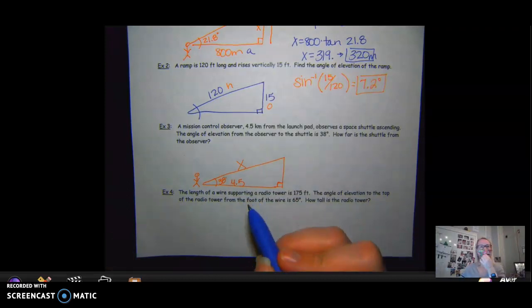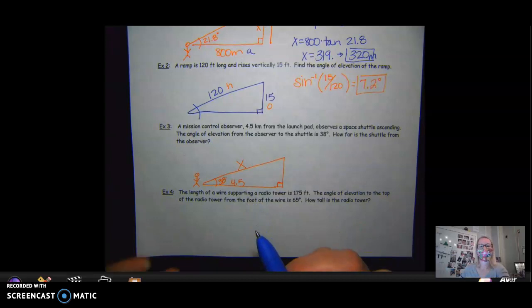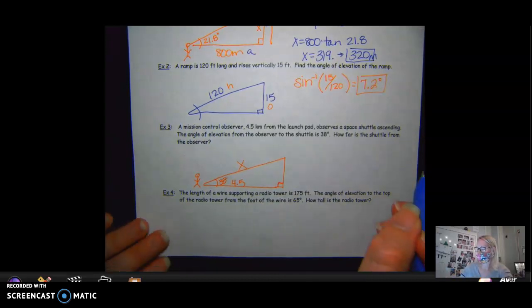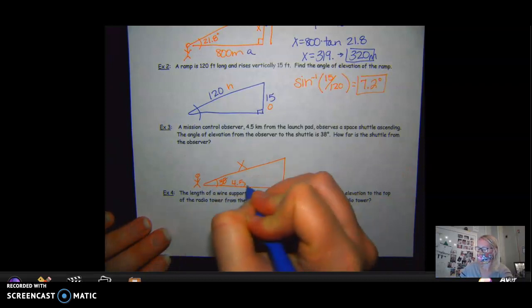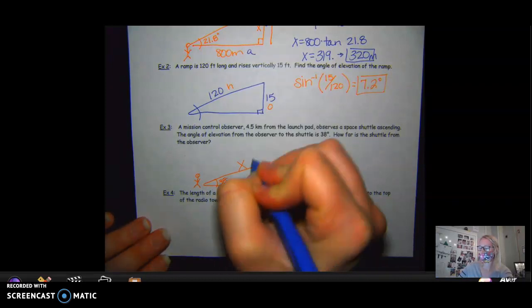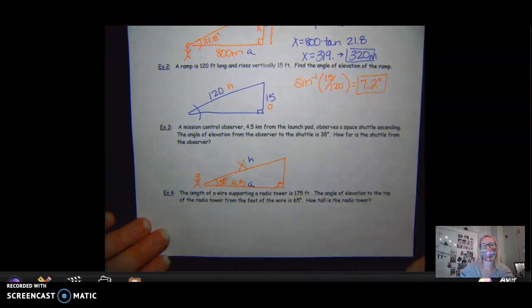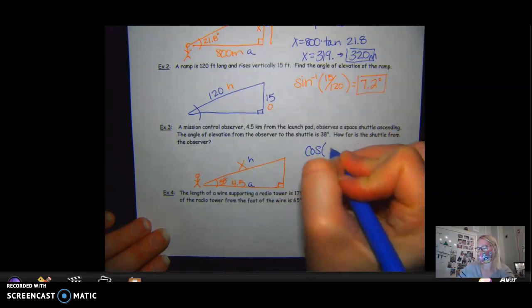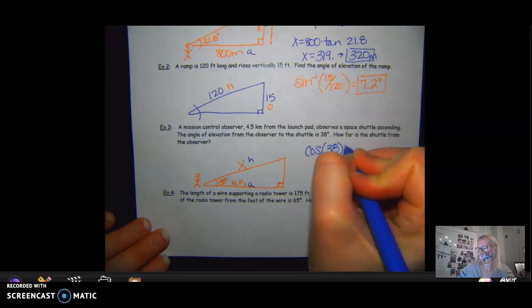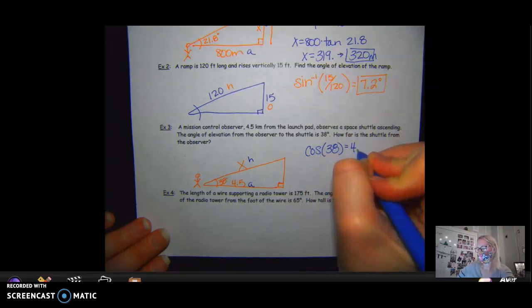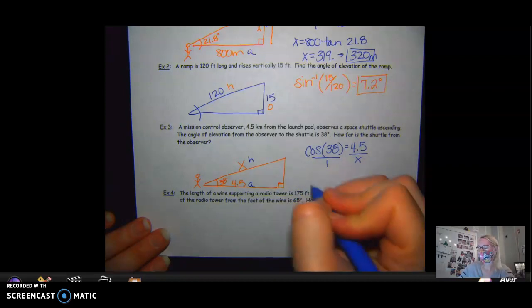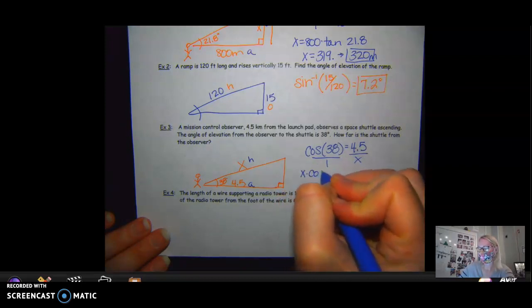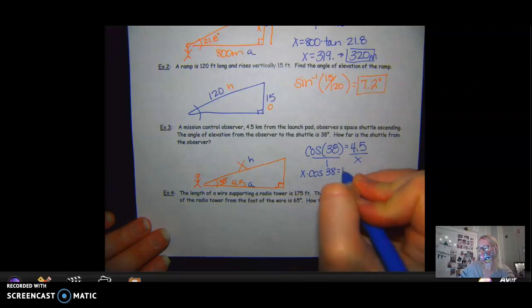So are we finding a side length or an angle measure? Side length. So inverse or not inverse? Not inverse. So this is adjacent and this is hypotenuse. So which one uses A and H? So we're going to do cosine of how many degrees? Equals what over what? Good. And that's over 1. So I'm going to cross multiply, get x times the cosine of 38 equals 4.5.